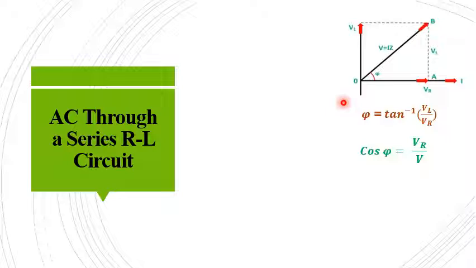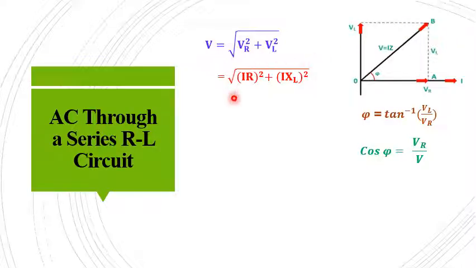Next we need to find out the resultant voltage. The resultant voltage V is the vector sum of VL and VR. From this phasor diagram we get V is root of VR square plus VL square. Substituting for VR, we know that VR is equal to I into R and VL is equal to I into XL. We get it as root of (IR) square plus (I XL) square.